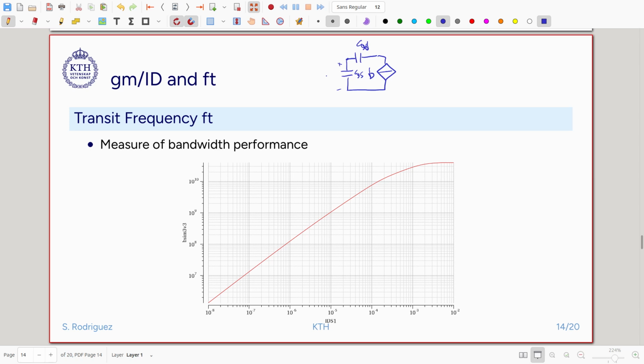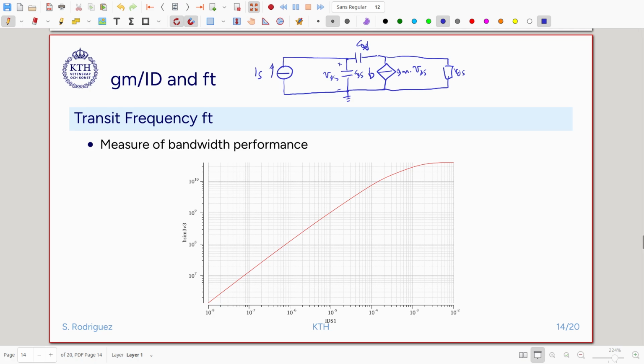This will be VGS, gm VGS. There is an output resistance RDS, and then when we connect a current source here, we call it this current source current here, we can calculate the current gain that we have.